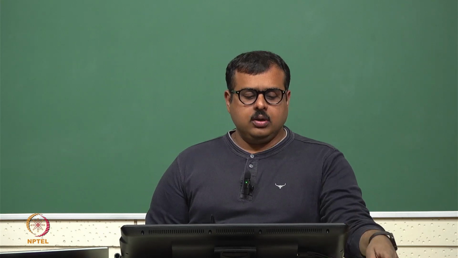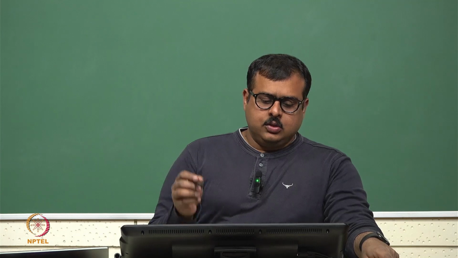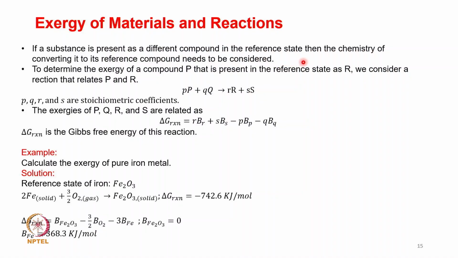So now let's move one step back and see how we can calculate the exergy for materials and reactions, which is of interest to us. If a substance is present as a different compound in the reference state, then the chemistry of converting it to the reference compound needs to be considered.